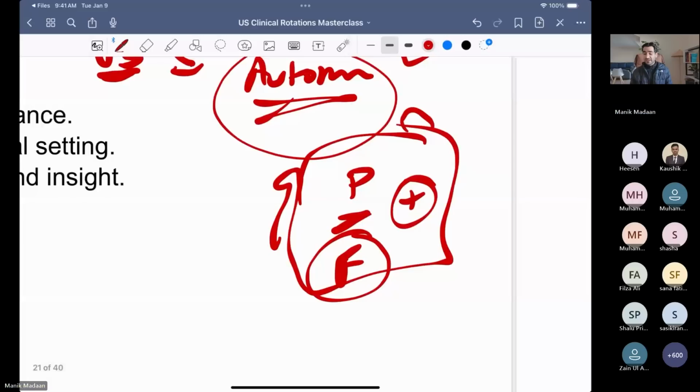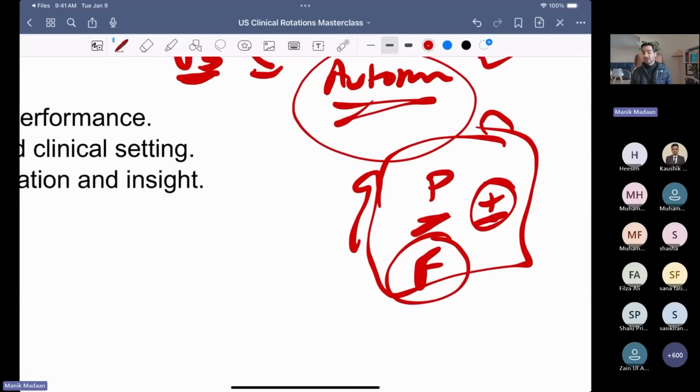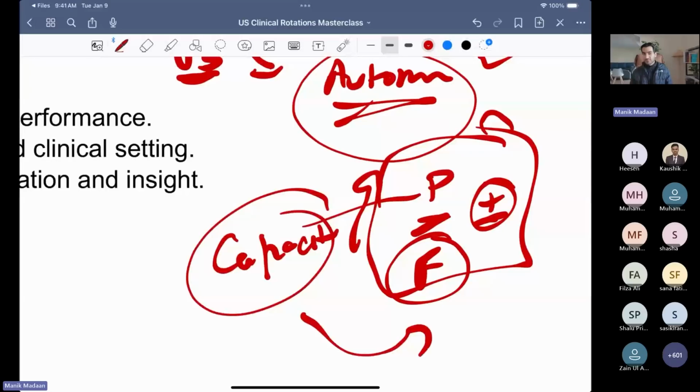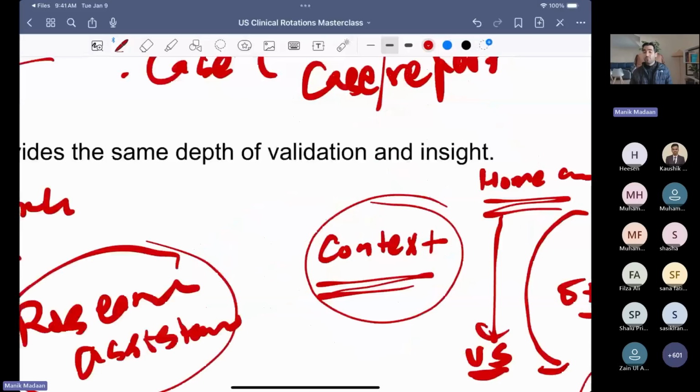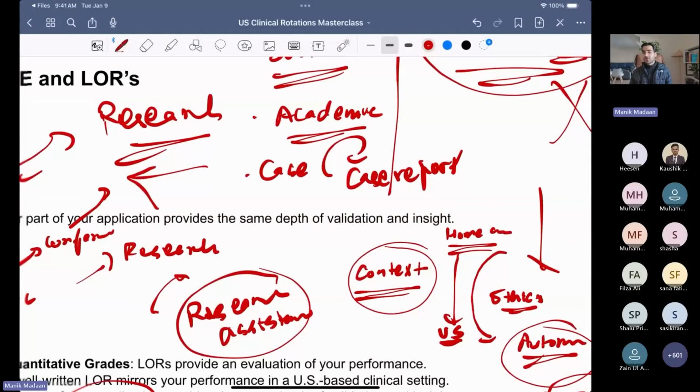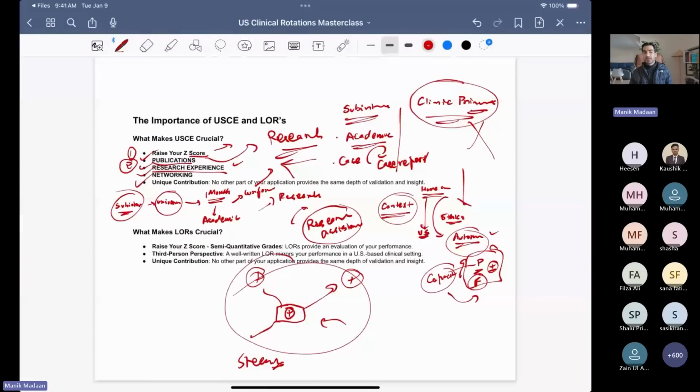If it's not, right, does the patient have capacity? Right? If they don't have capacity, who makes that decision, right? So that evaluation gets missed in terms of home country evaluations, right? Because they don't know these things, right? And that's why this unique contribution to you as a person in this US context, you're not going to get it anywhere else, right? But the US, right? So this unique contribution is critical.